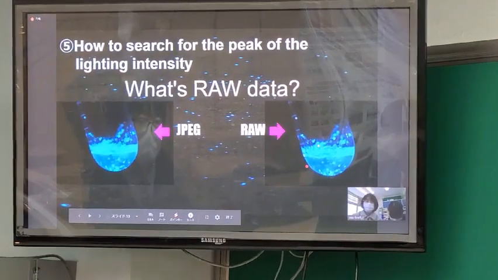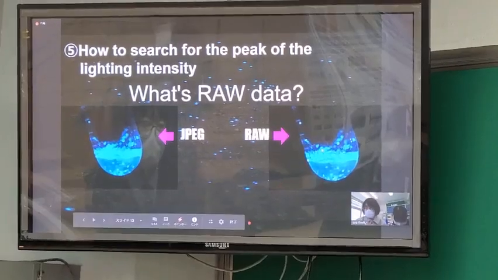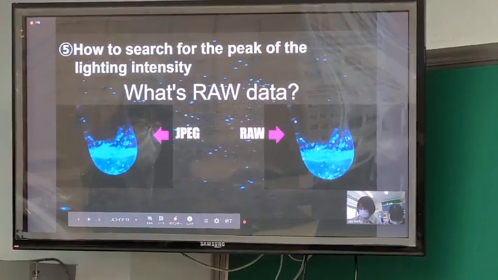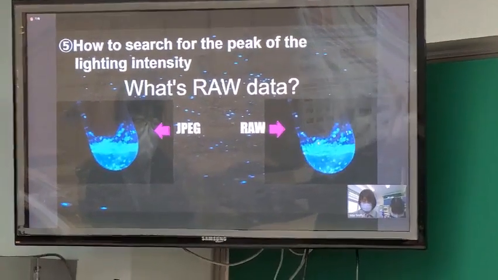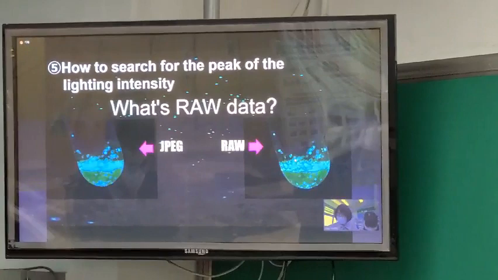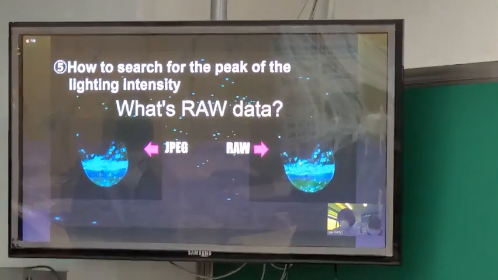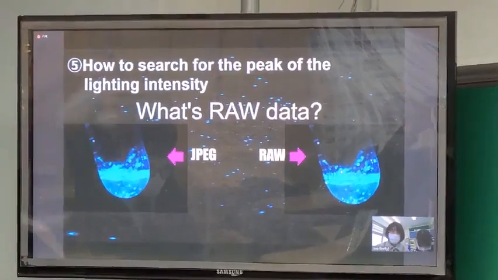Raw data is a way to save the data without reducing the information. So we can get accurate data by using raw data. And in order to analyze, we change the raw data to fixed data.